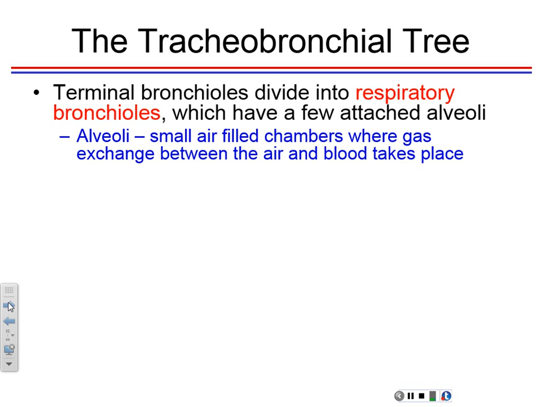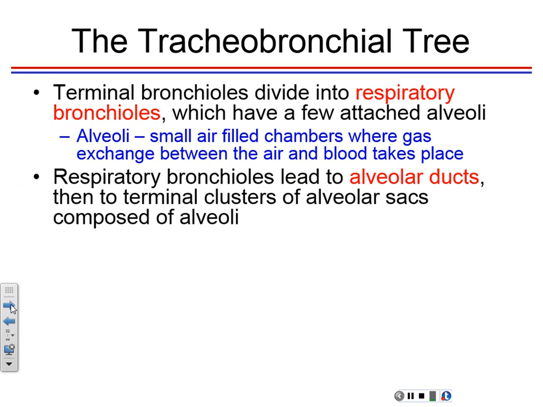And then they become alveolar ducts now. And then the alveolar ducts will then have all these many little alveolar pockets, which are 1 cell layer thick. And there's 2 cell types in there that we'll talk about in a little bit. So then the terminal clusters of alveolar sacs, after all those generations of splitting and splitting, they're becoming smaller and smaller and smaller.